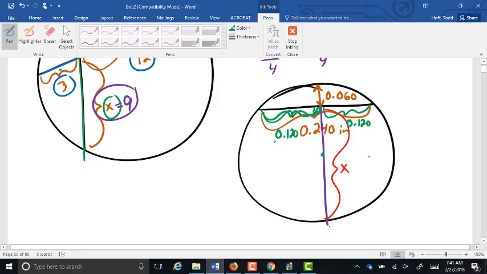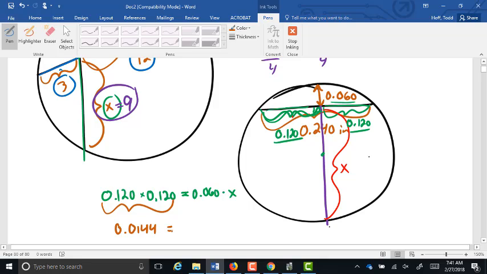So I know that 120 thousandths times 120 thousandths, that's the two pieces of that chord, have to have the same product as the two pieces of the other chord. So that would be 60 thousandths times x. So again, I'm going to multiply these together to get 0.0144.